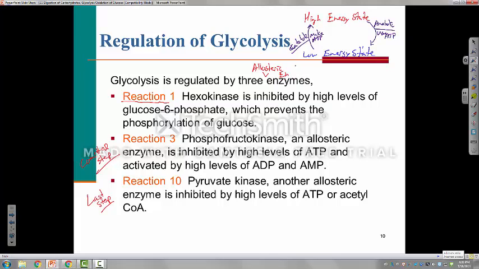So hexokinase is inhibited by high levels of glucose 6-phosphate. This is a type of feedback inhibition that we talked about in the chapter on enzymes. So if we already have a lot of glucose 6-phosphate, we don't need to make more. So we're going to slow down hexokinase. If hexokinase is inhibited, that means any glucose that gets into the cell doesn't get phosphorylated right away, and it can leave and go do something else.